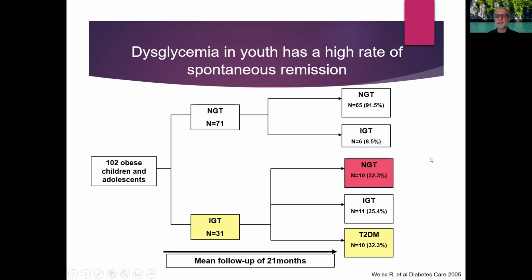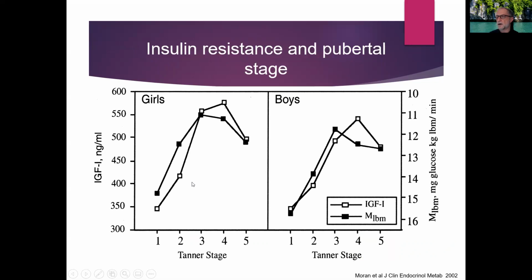Now, why do we see this tight relationship with puberty, and why do we see this spontaneous regression? Well, the most likely cause is the relationship between puberty and insulin sensitivity. So what we see in this study here, this is a measure of insulin sensitivity on the right y-axis. And what we see in both boys and girls is that as they progress from Tanner 1 to Tanner 4, there is increasing insulin resistance or decreasing insulin sensitivity over time.